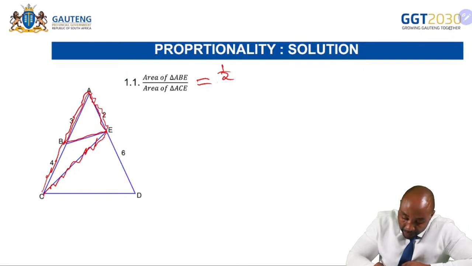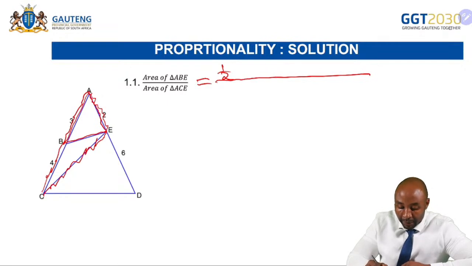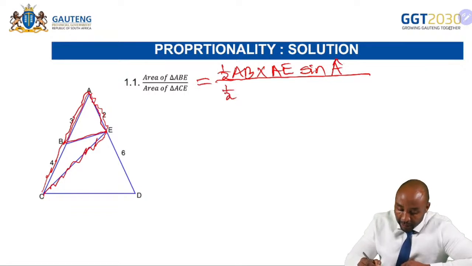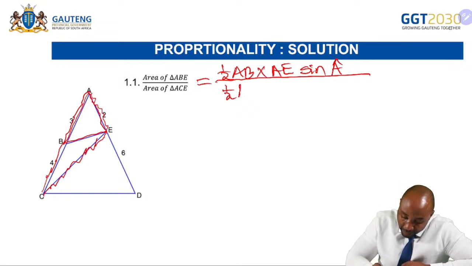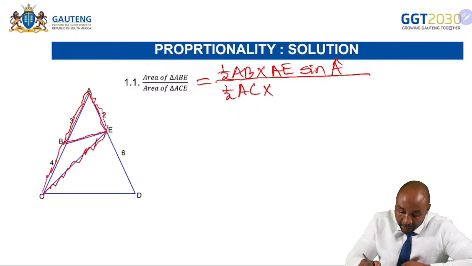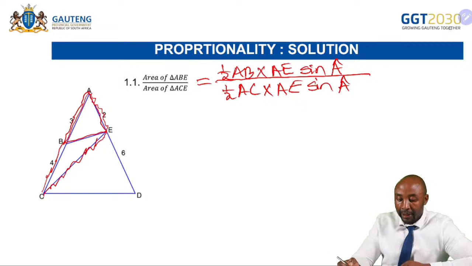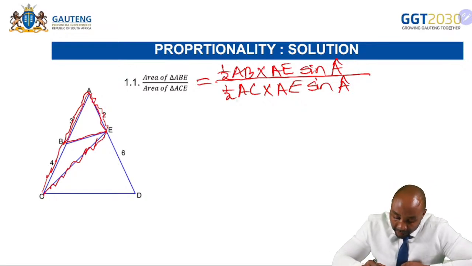Looking at triangle ABE, it will be half AB times AE sine A over half, and for triangle ACE, you have AC times AE sine of angle A. Then half and half is common, sine A and sine A are common.